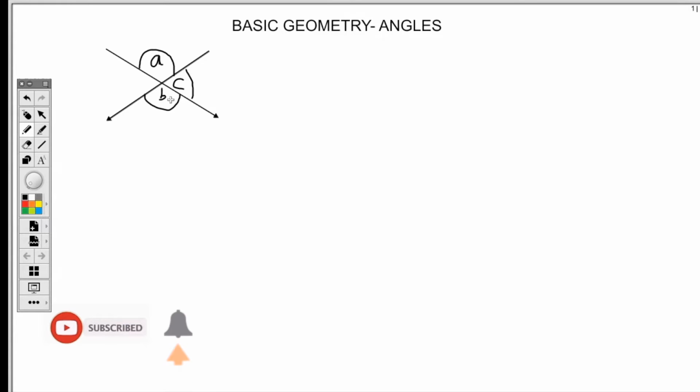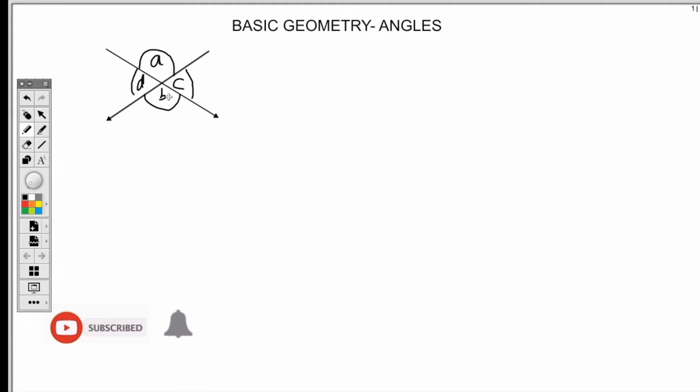If we have a figure looking like this, where two lines are intersecting, we will have four angles formed. This is one angle that's formed between these two lines, another angle formed between the next two lines, another angle formed between these two lines, and another angle formed between here.